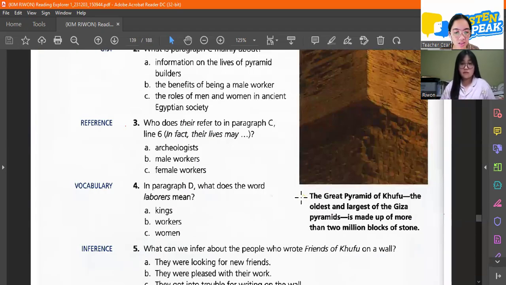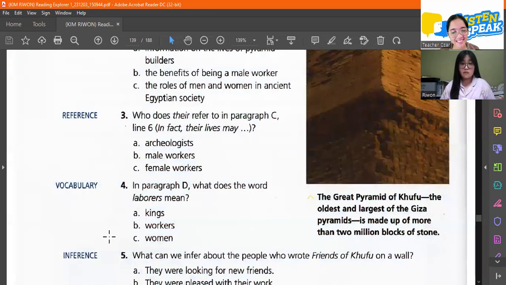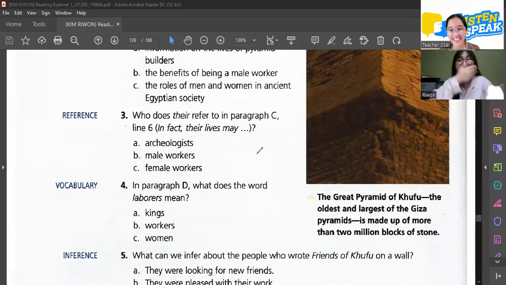So, who is they? Female workers. Yes, the female workers. So in paragraph C, female workers also experienced a hard time when they were building the pyramid of Giza.